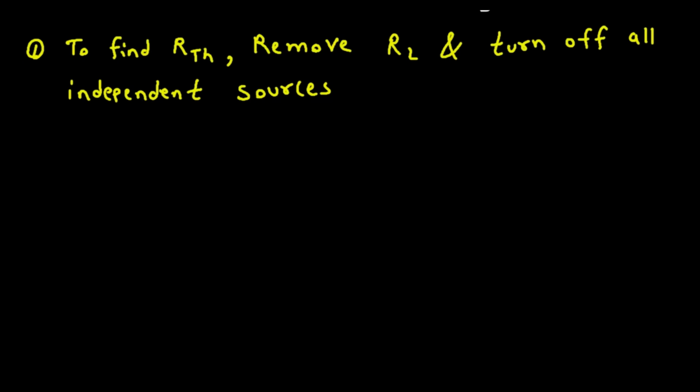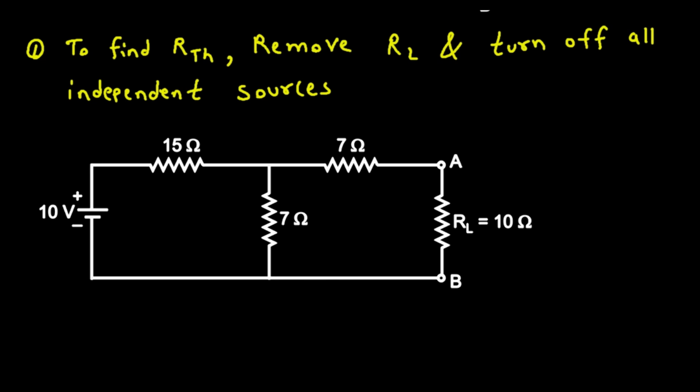Now here, when we remove this RL, this will be our RTH. But here we also have to turn off all independent sources.